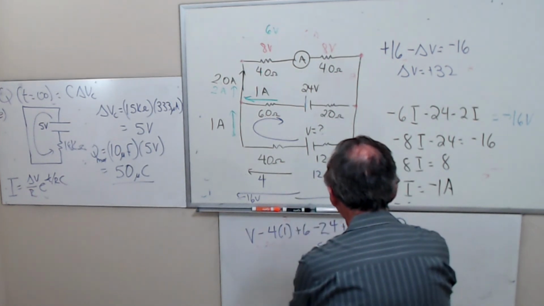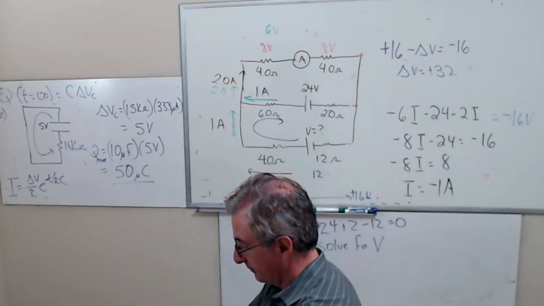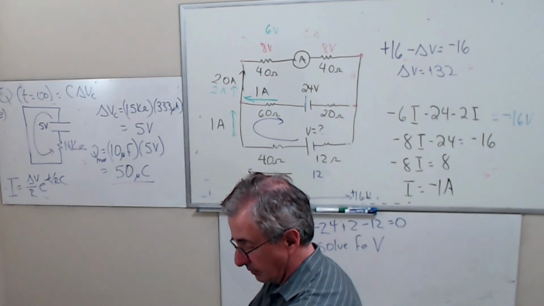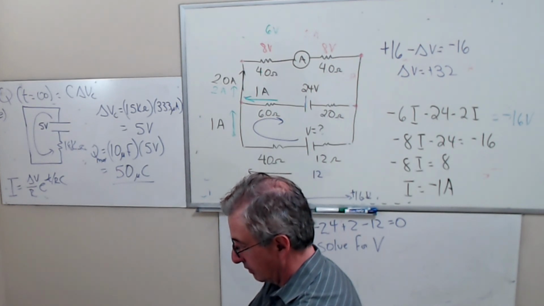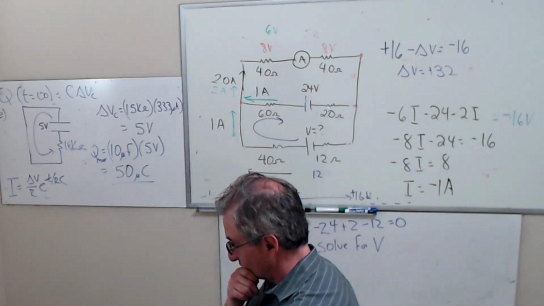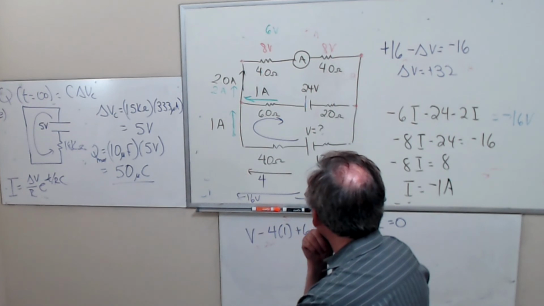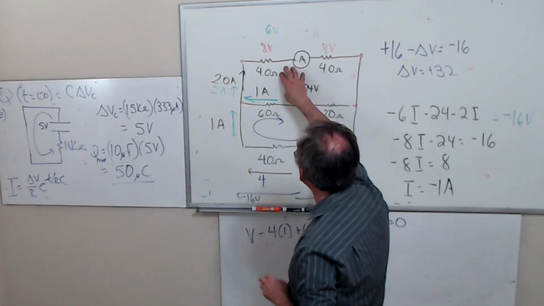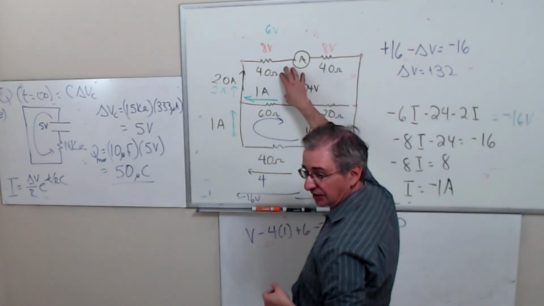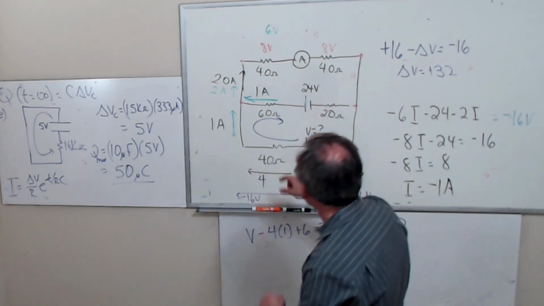The tutor I was working with, we did it by the loops. It just seemed a little confusing. But we didn't solve for the current first. Yeah, the first thing I would do is look at this loop. I have one unknown. I'd solve for one of the currents. So, yeah, this is the same.